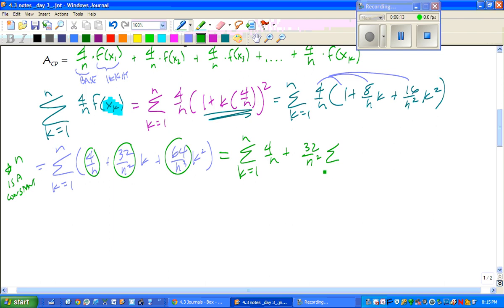Because remember, with constants, we can bring that out in front of the sum, in front of the sigma, because it's one of those properties of sums. Plus 64 over n cubed. Again, that's a constant. We can bring that out in front. Times the sum of k squared.